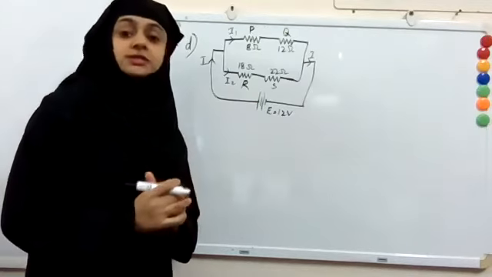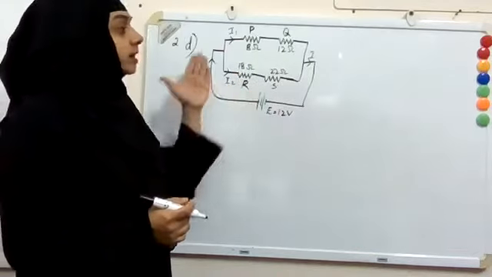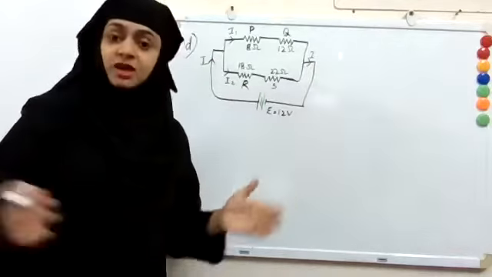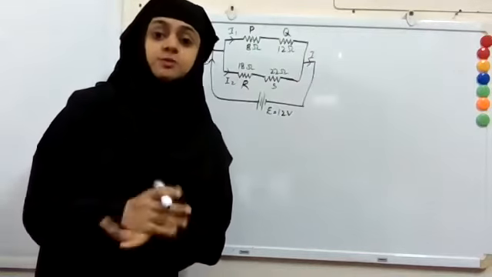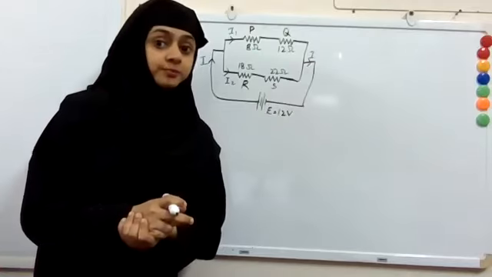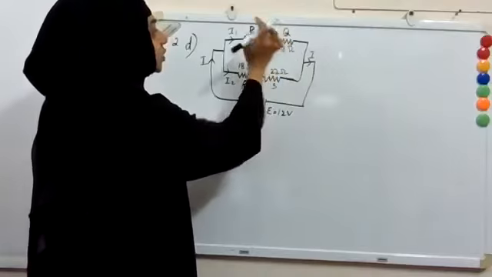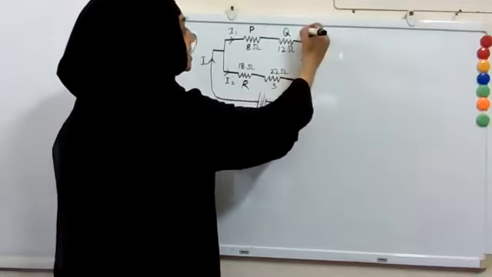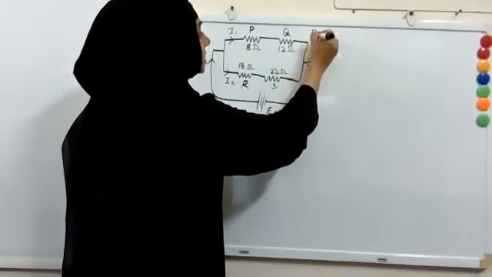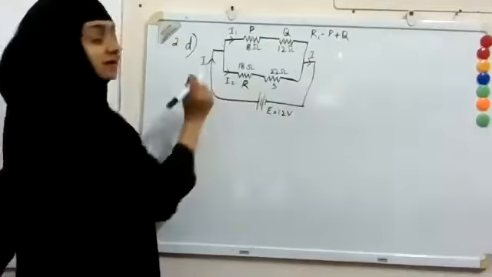There are two ways. Either you can use the Kirchhoff's law, which is a lengthy way, or you have a shortcut which we did in a previous problem when we solved. Let me consider P plus Q as the resistance here. So what is the resistance here? Let me put R1 as equal to P plus Q, because now they are in series, right?